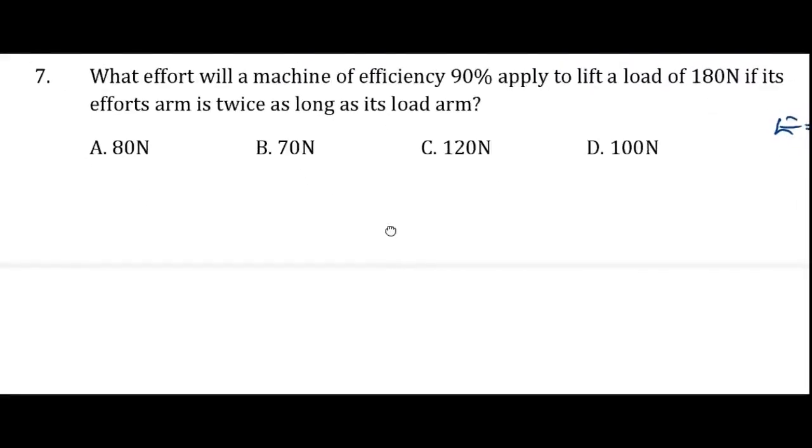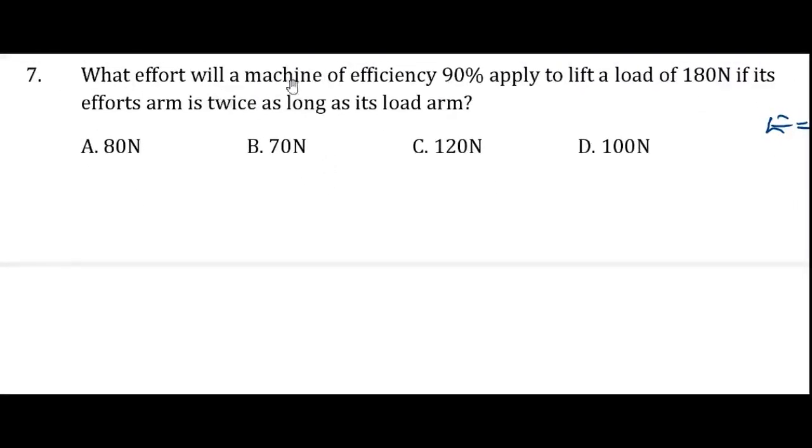Question 7. What effort will a machine of efficiency 90% apply to lift a load? So effort is missing here too. To lift a load of 180 Newton if its effort arm is twice as long as its load arm.